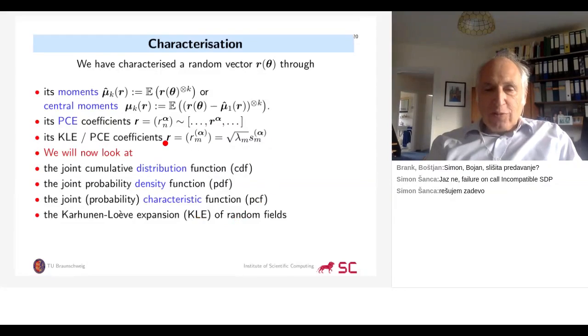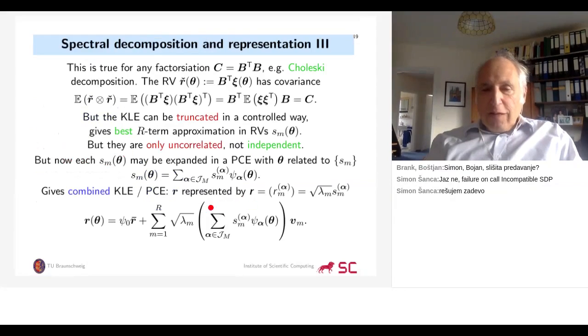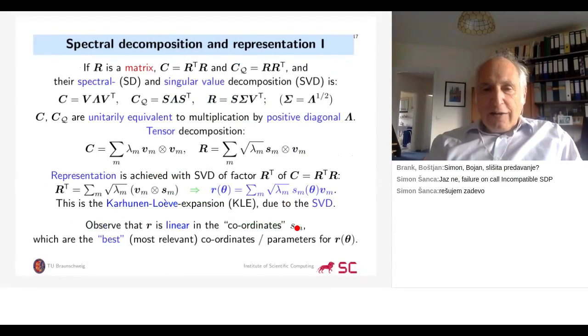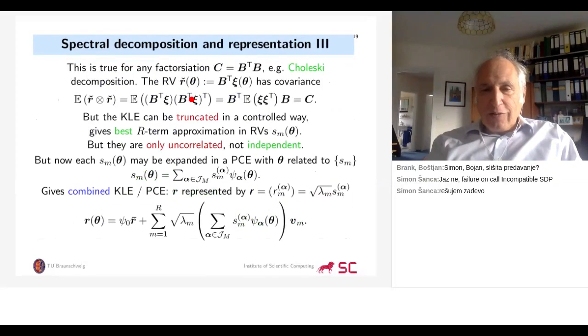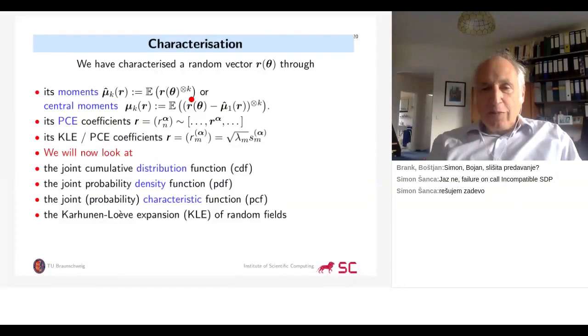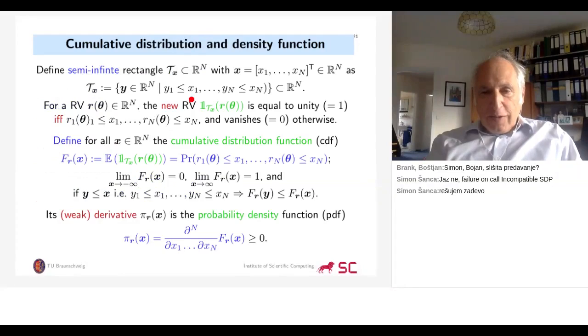So we saw what this looks like when this is a finite dimensional vector. Now we go into an infinite dimensional space where we have fields, and where this R is not a matrix. So C and R, of course, are not matrices anymore. We will look at what they look like there too. I already hinted that they will be integral operators.